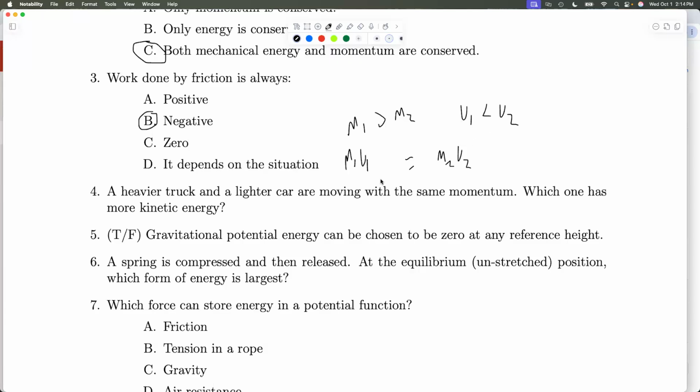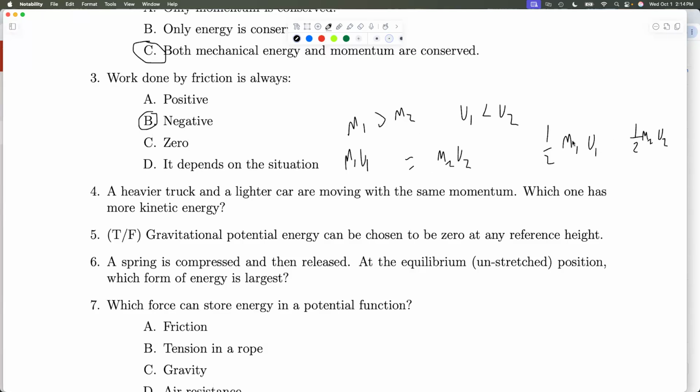So I've got small times big equals big times small. For kinetic energy, I'd be putting a half in front of both of those. So all I've done is put a half in front. That wouldn't change anything. These would still be equal, right? If I just put a one half and a one half here, they would be equal.